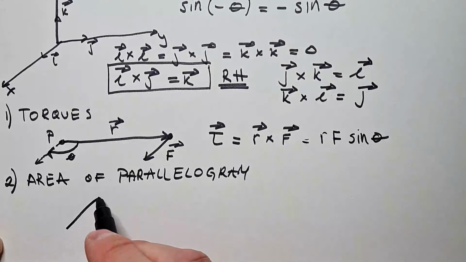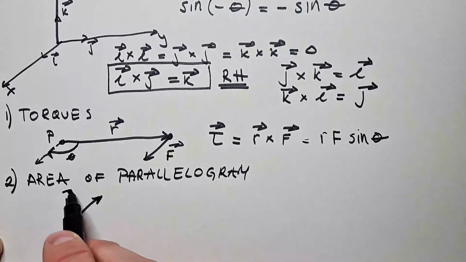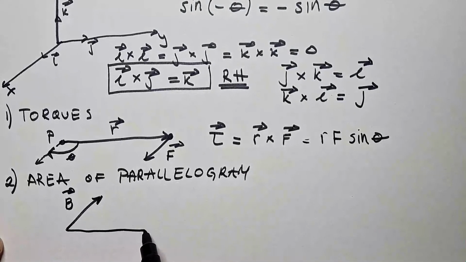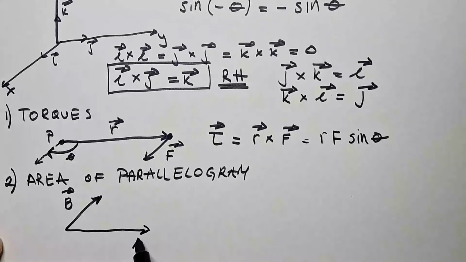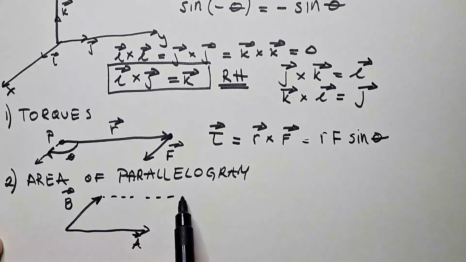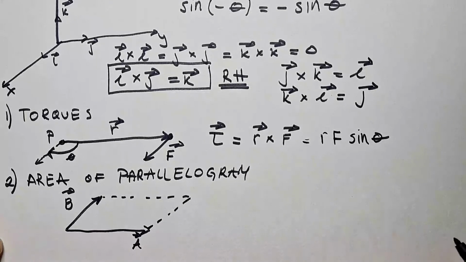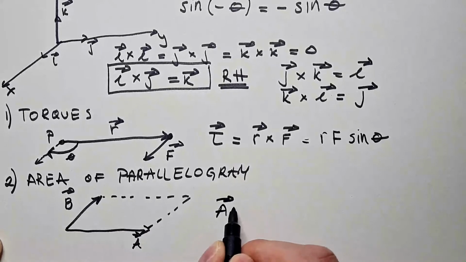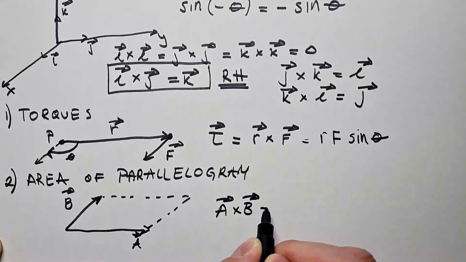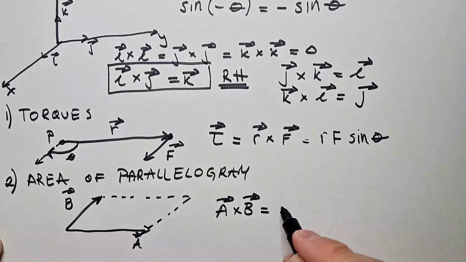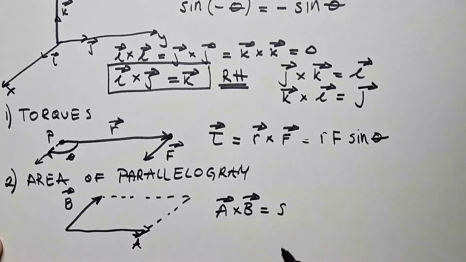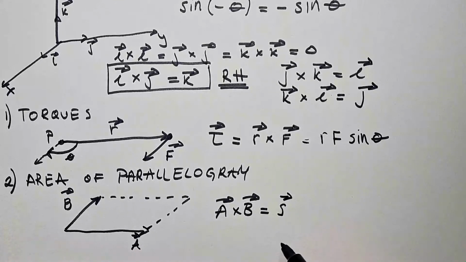I have vector B and I have vector A. I construct a parallelogram out of these two vectors. A cross B is the area of this parallelogram that I will call S. Why is that the case?